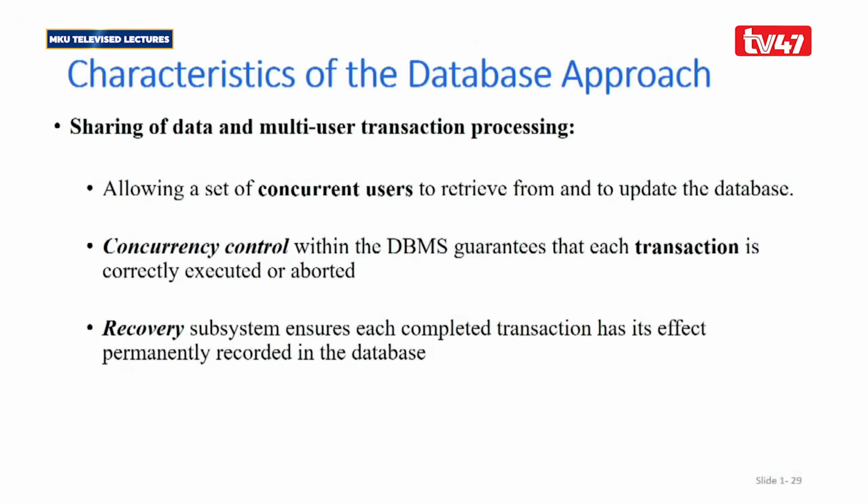We also have another characteristic, that is sharing of data and multi-user transaction processing. When we use a DBMS, we intend it to be used by so many users. In a university system, for example, we expect maybe 10,000 students to log in to the same system. That is what we call concurrent access.